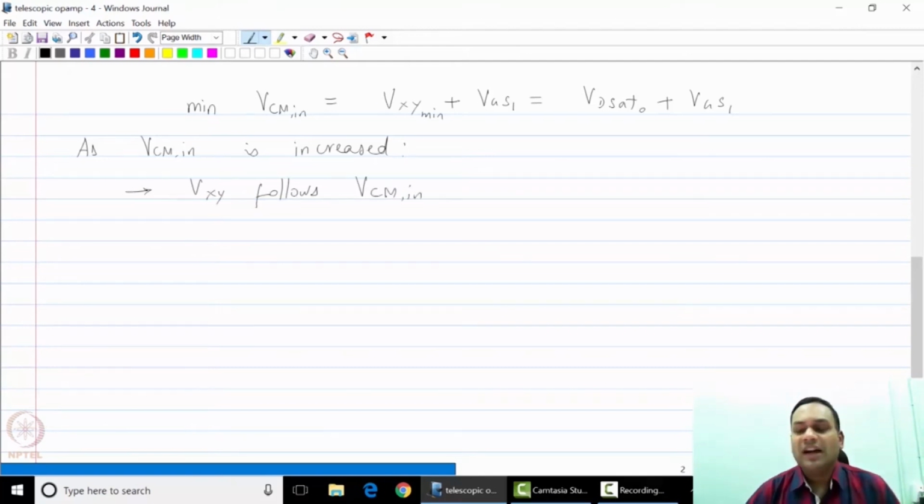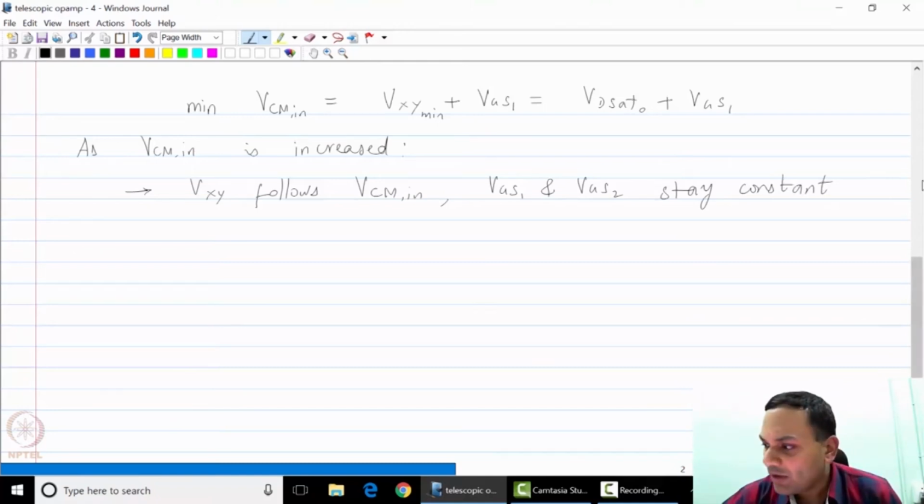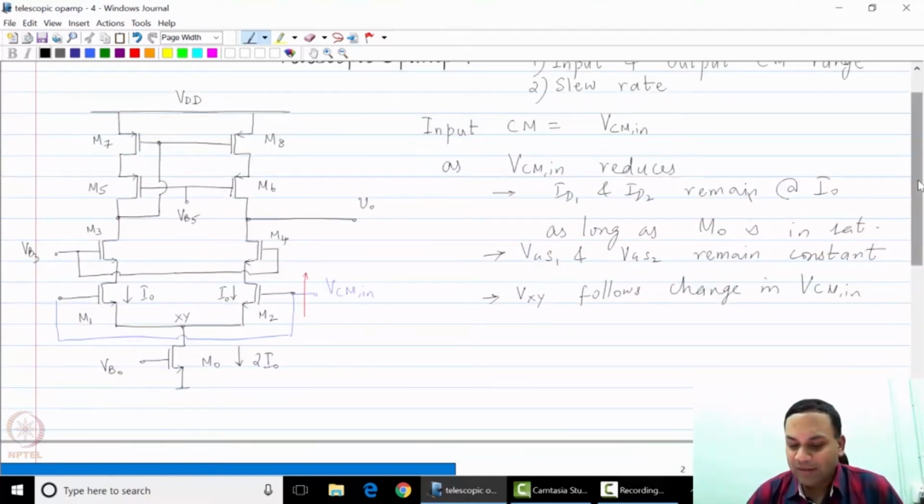And therefore M0 is actually moving further away from triode. There is no problem, and VGS1 and VGS2 stay constant, and both of them carry a current.